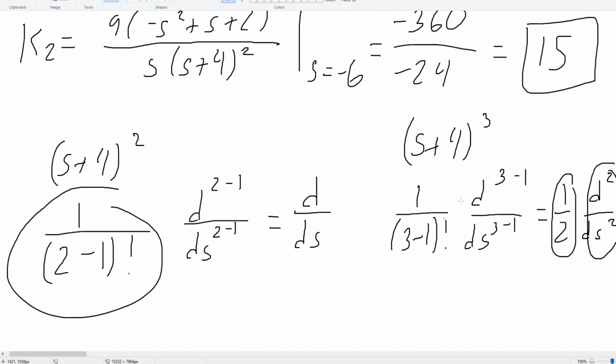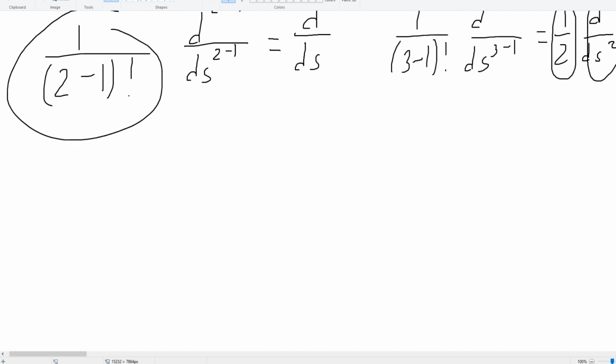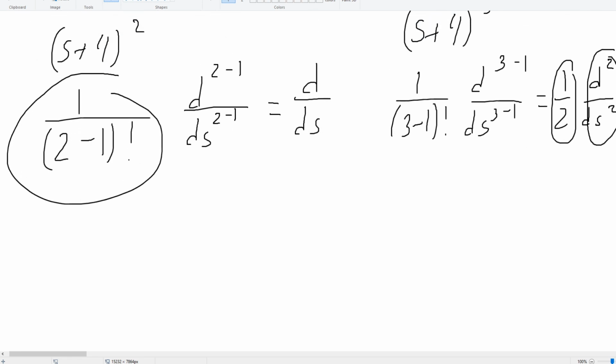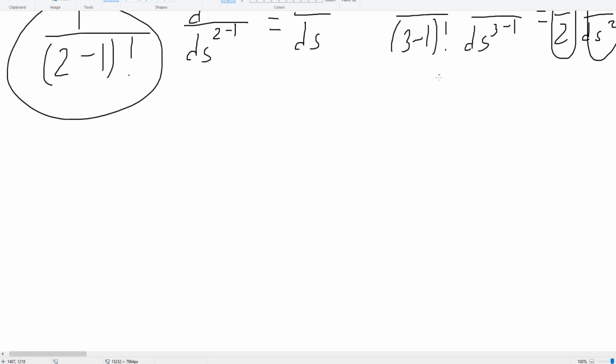So, getting back to the problem, you might be asking, okay, well, where do we put the d/ds? It goes out in the front. That's pretty much it. K3, to find K3, you're going to put the d/ds out in the front. Yeah, you could honestly just memorize this so you don't have to know the formula up here.